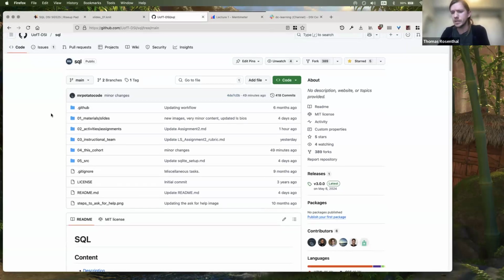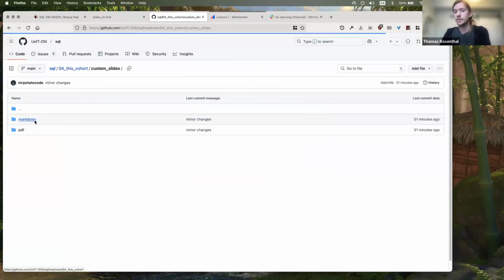I'll say one thing about the slides. A while back, DSI wanted to do a big slide standardization process, but I felt that I lost some of the pedagogy from my slides. So in my folder called 04 this cohort, you'll find this custom slides folder.